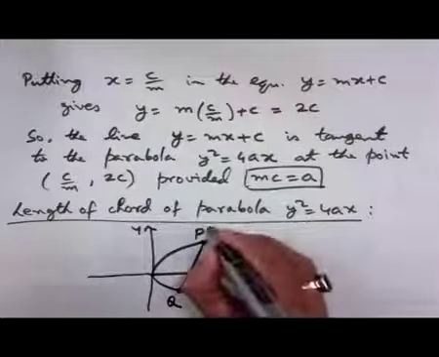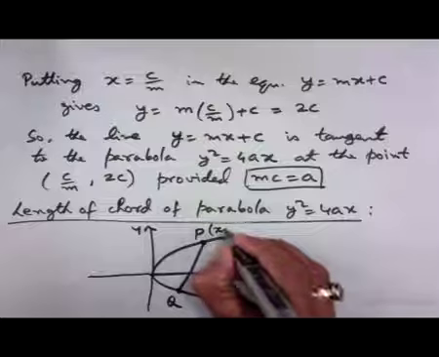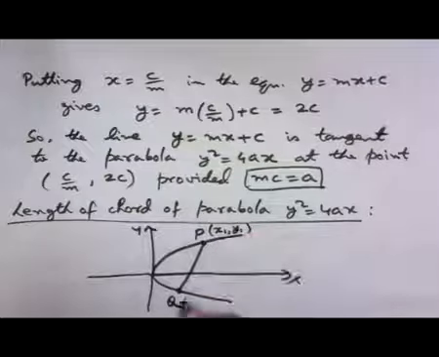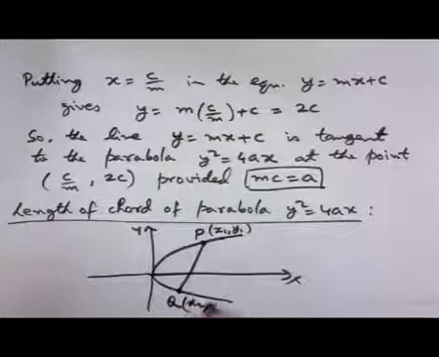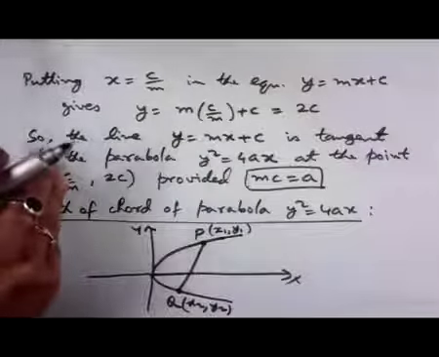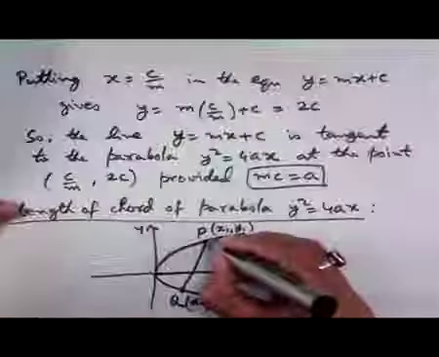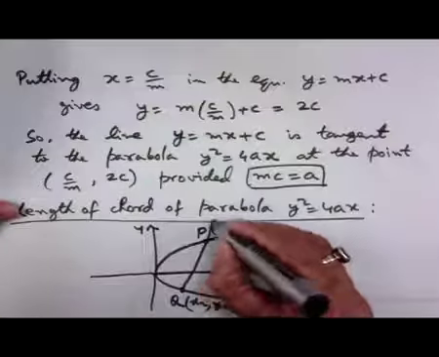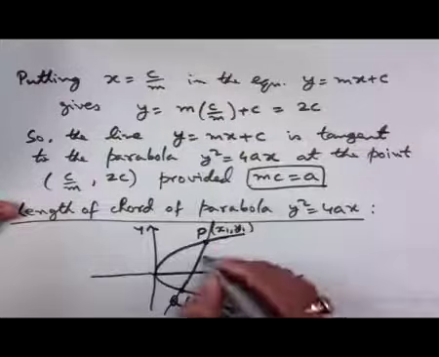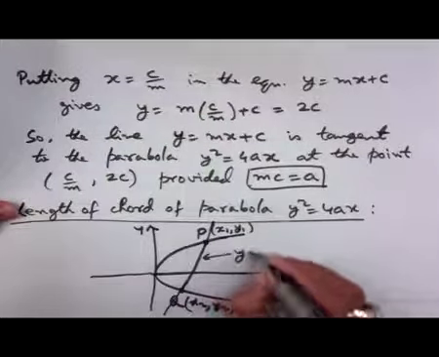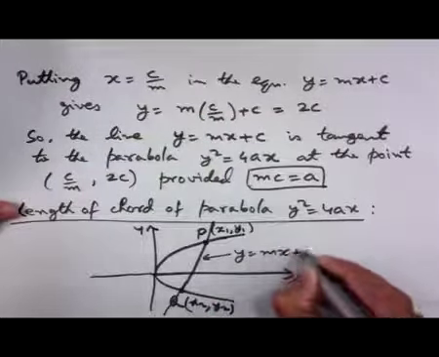So, suppose P has coordinates x 1 y 1 and Q has coordinates x 2 y 2. And suppose the equation of this line is y equal to m x plus c.